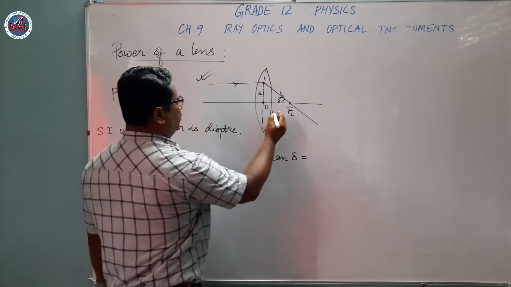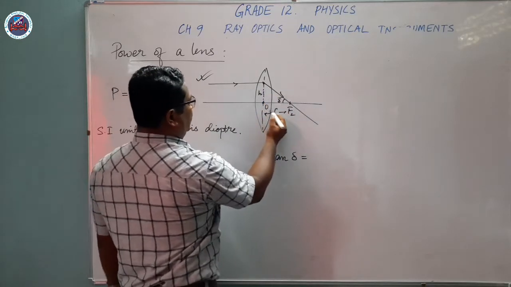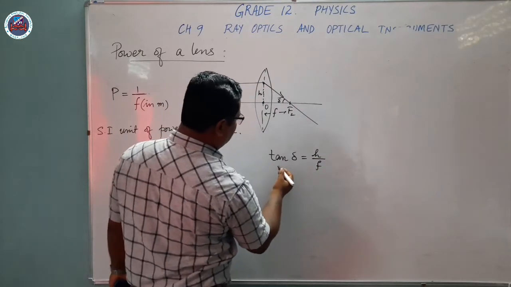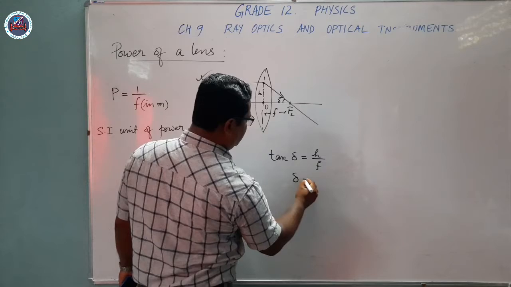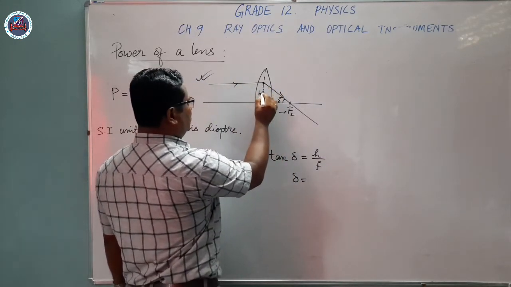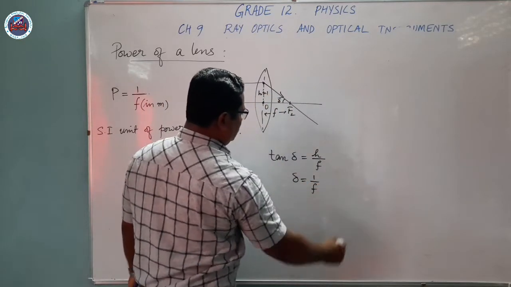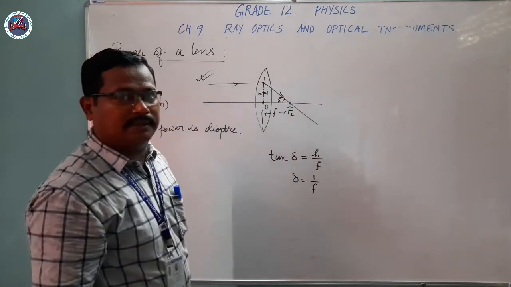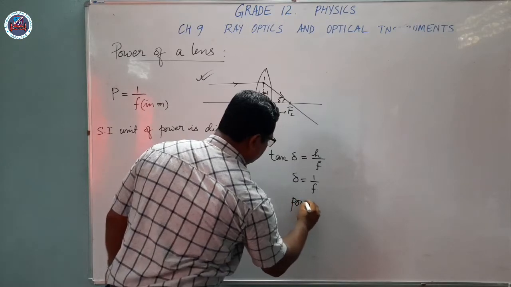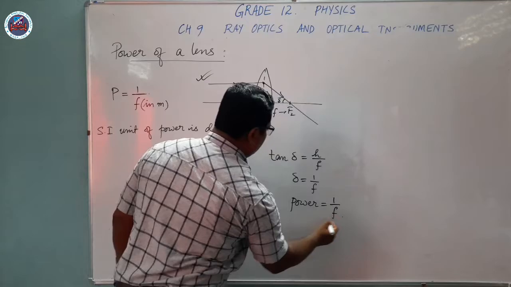It is equal to, this is your focal length f, perpendicular by base, h by f. For small angles, tan del is equivalent to del. If this point at which the light ray has struck is at a unit distance 1, then you get the reciprocal of focal length. So this term we call it as power. When measuring power, we use del as power, and that is equal to 1 by f.